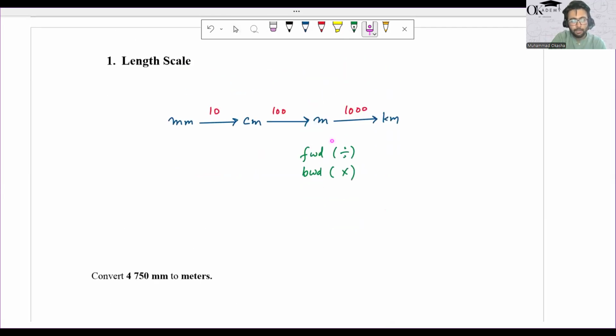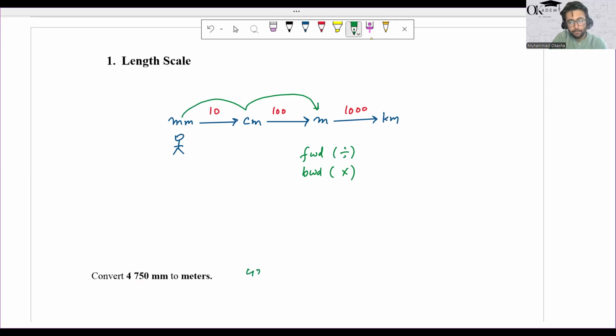Let's apply it. So for example, you have 4,750 millimeters, and you want to convert this into meters. So how would you do it? You're given millimeters, which means I stand over here, and I need to go to meters. So this is where I want to be. Going from here to here takes 2 jumps. So forward is division.